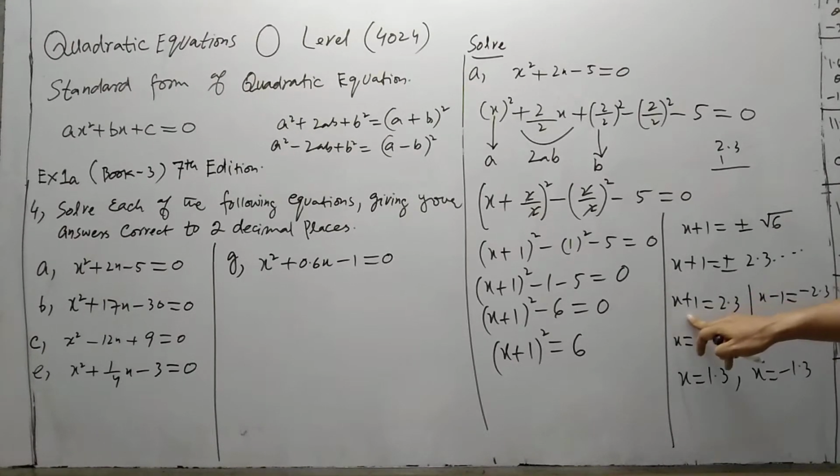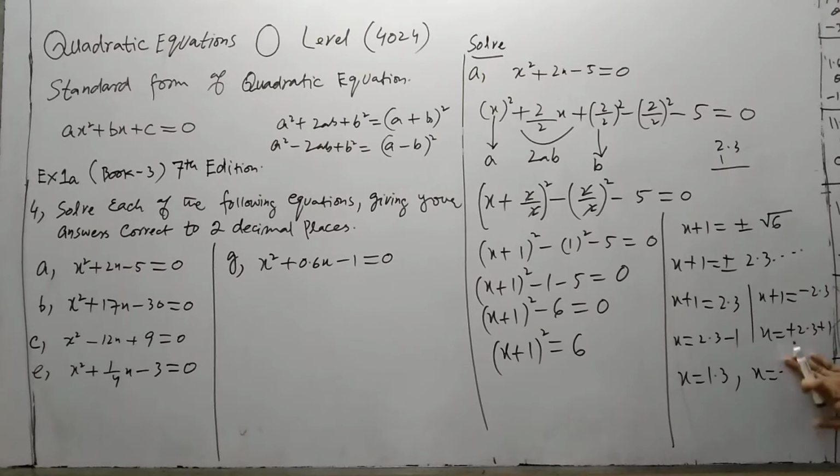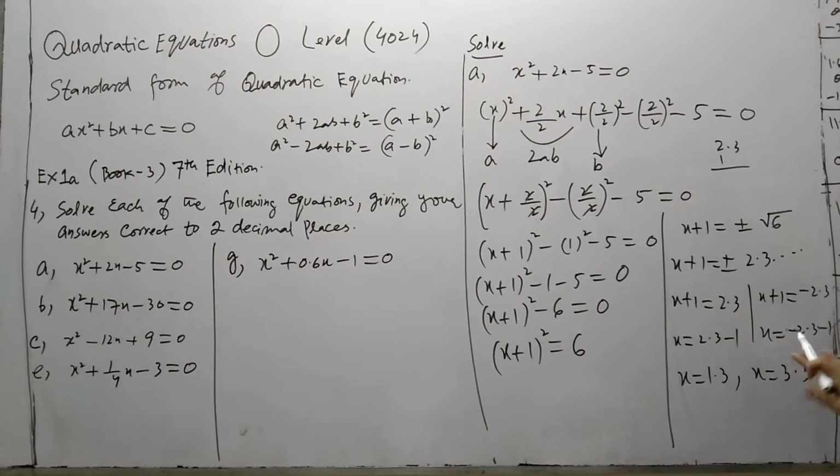Minus 1 shifts to the other side. Sorry, so minus 2.3 minus 1 is minus 3.3. The plus 1 moves to this side and becomes minus. So minus 3.3 is the answer.